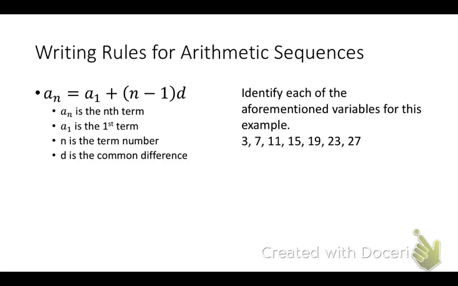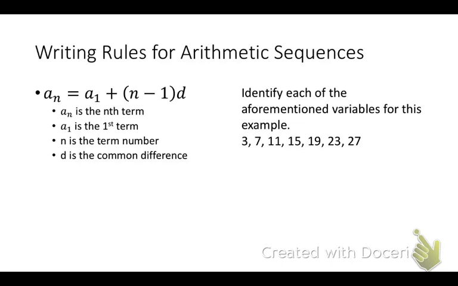Once I figure out my rule, I can ask, what's the 25th term in the sequence? You plug 25 into the rule and find that value. Here n is the term number, that spot in line, essentially. And d is the common difference. That's what we're counting up or down by.